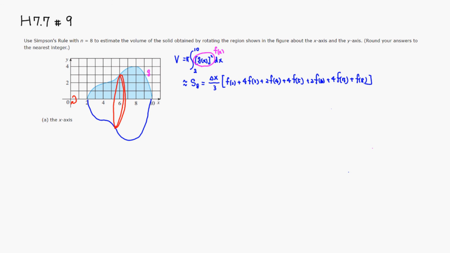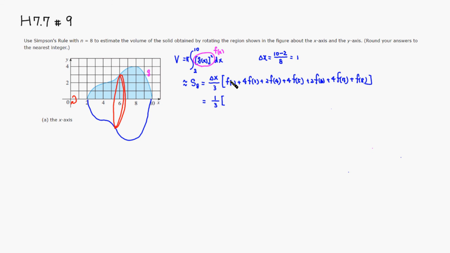Let's find delta x. It's pretty easy: b minus 2 over 8, which is n. So 8 over 8 is just 1. Delta x is 1 over 3.